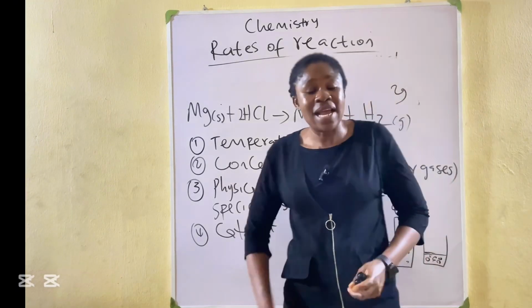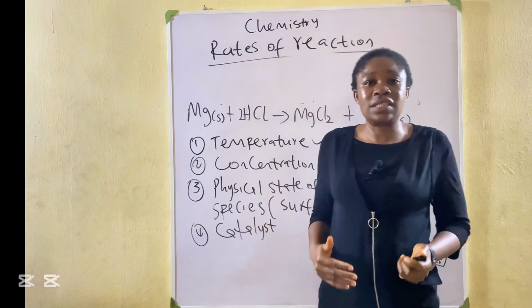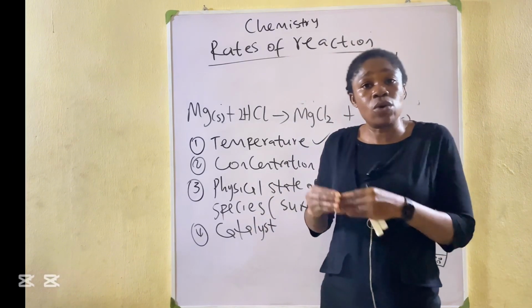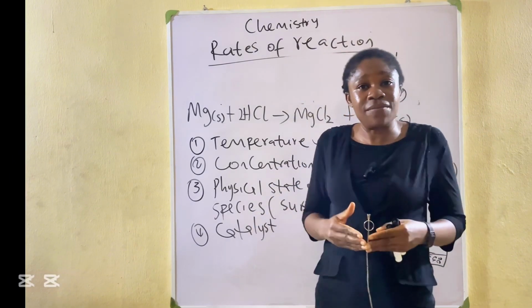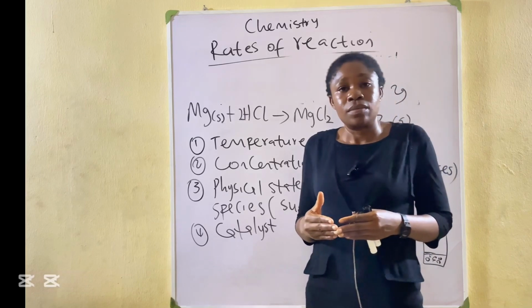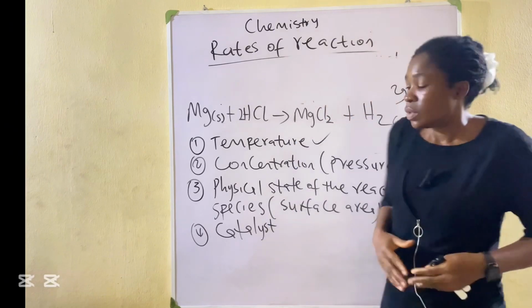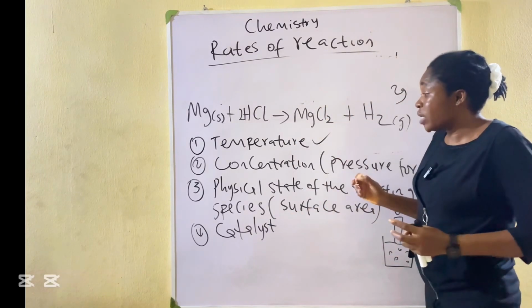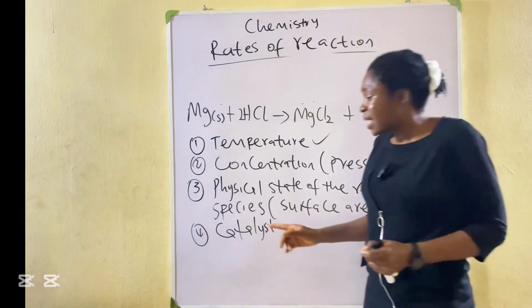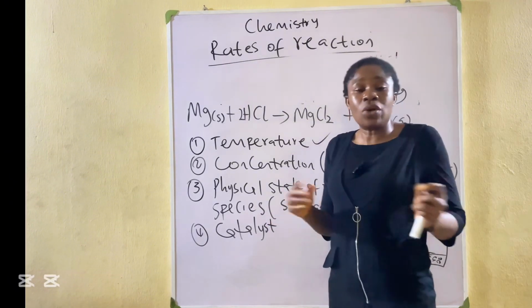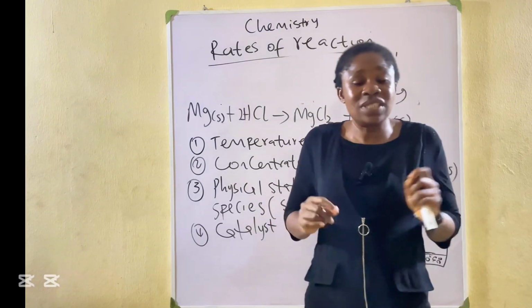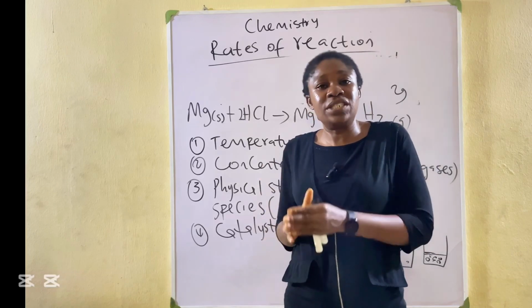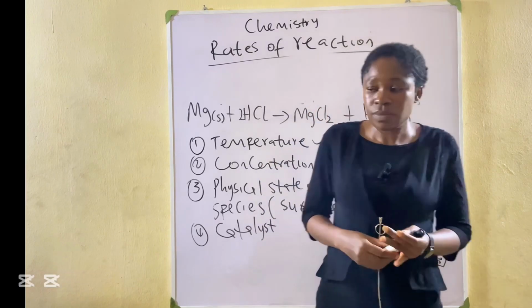Look at the effect of catalyst on the rate of chemical reaction. What's a catalyst? A catalyst is a substance which alters the rate of chemical reaction, but does not itself undergo permanent change at the end of the reaction.